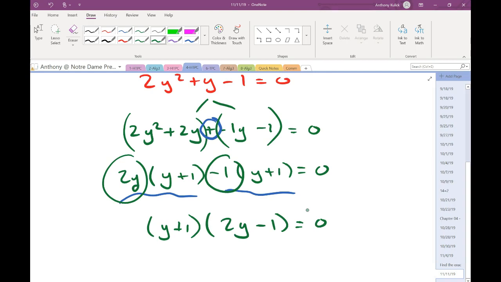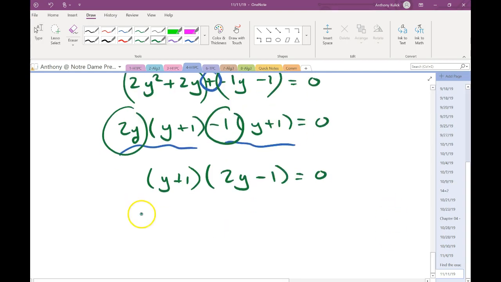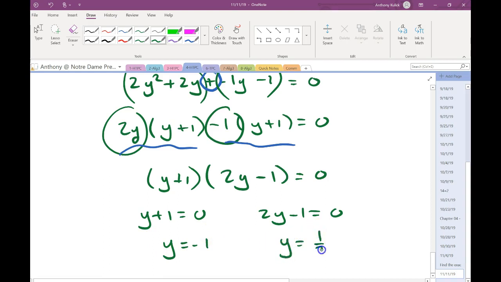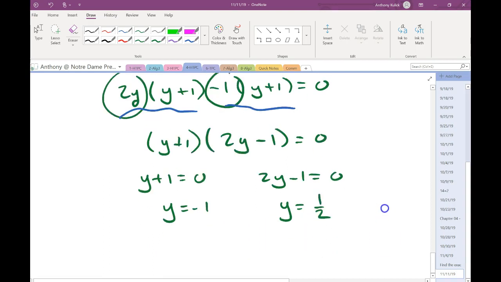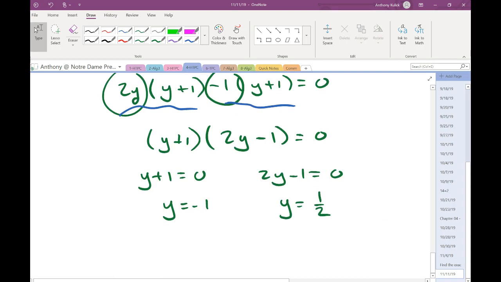What's the next step into solving this? Good. So I take each of these two pieces and set them equal to 0. So I get y equals negative 1 and y equals 1/2. Right? And now I'm done. Right?